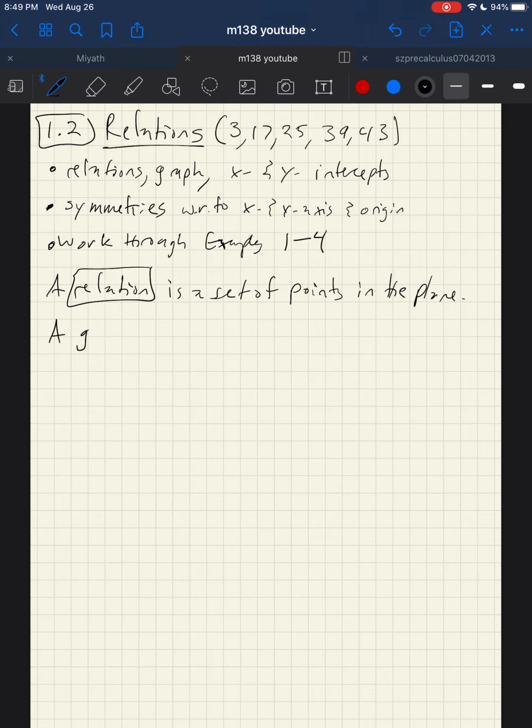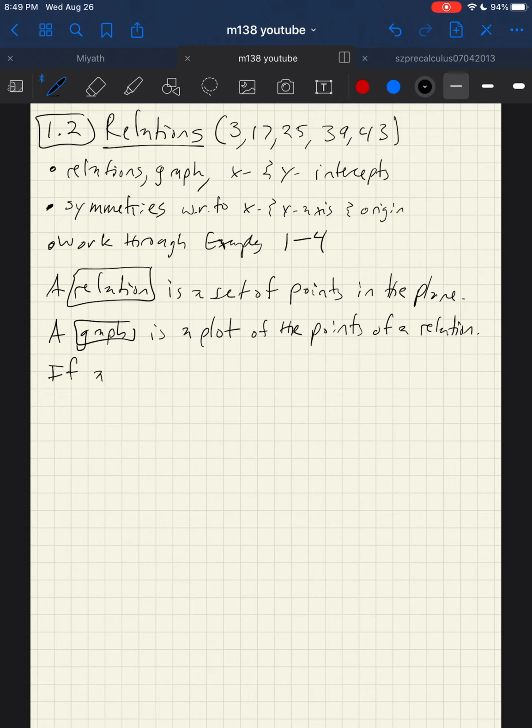I'm going to say a graph is a plot, which is a little redundant, a little bit circular, but it's a plot of the points of a relation. Okay?